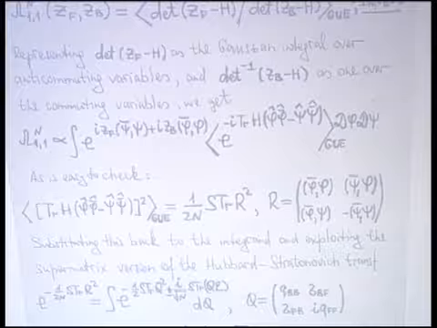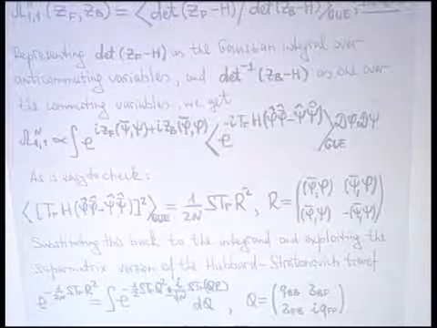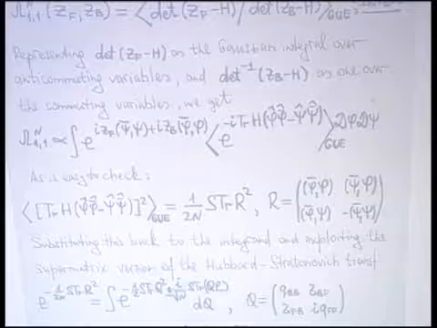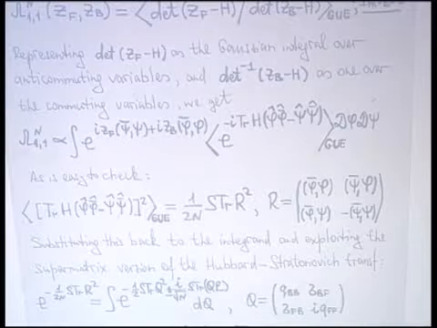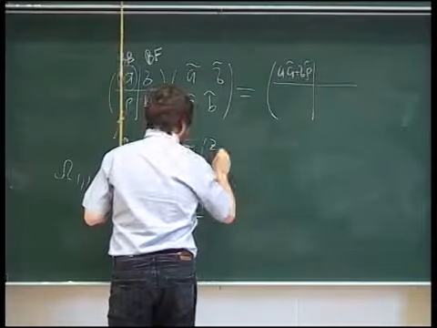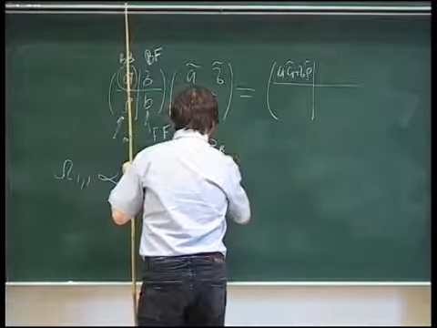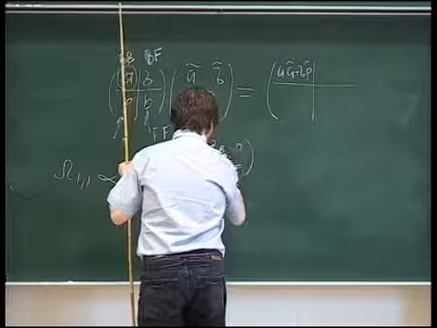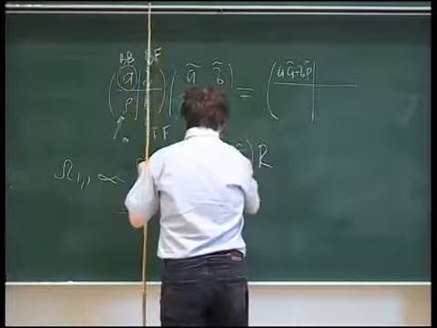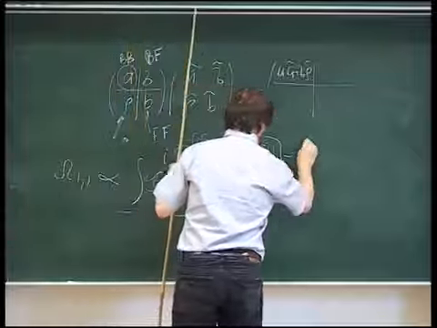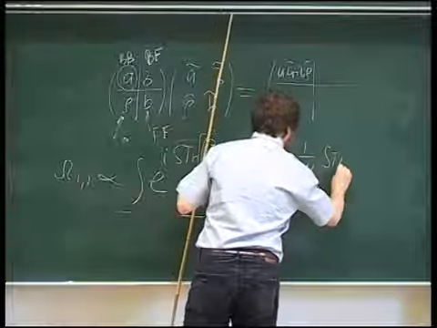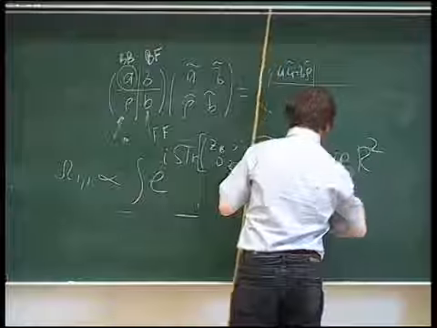So basically, we now deal with an integral of the following form. I write it for further comparison. It's proportional to the integral of exponential of i supertrace of the matrix with Z_B and Z_F on the diagonal times R, and minus 1 over 2n supertrace of R squared.